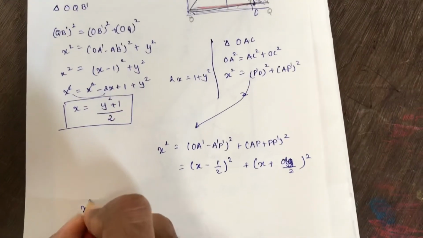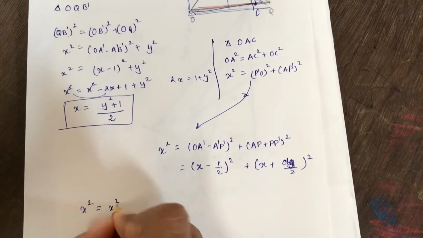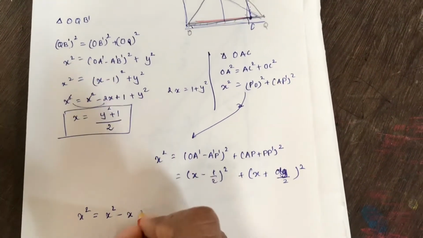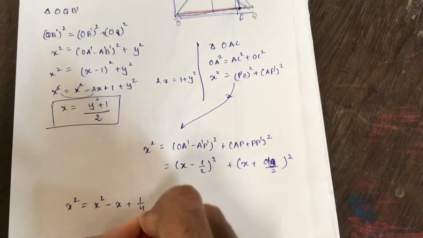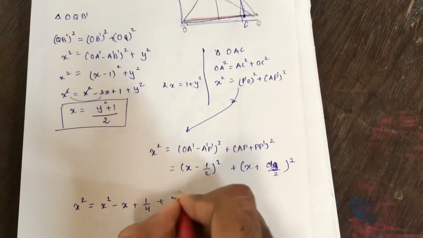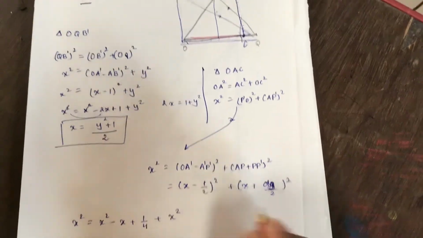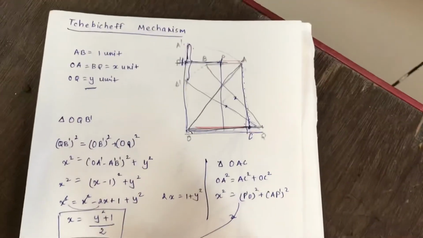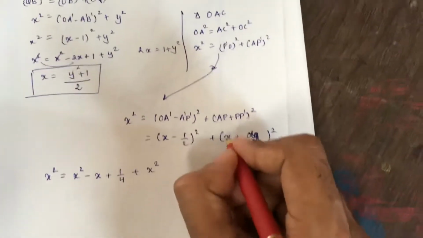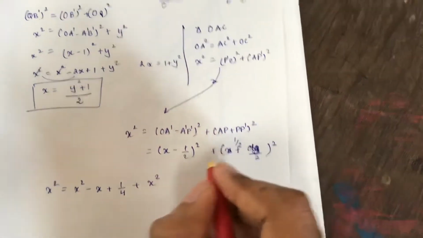Let us expand this. It is X square minus X plus 1 upon 4, plus over here AP. Sorry, AP is not X, AP is 1 upon 2. Instead of X, here it is 1 upon 2.